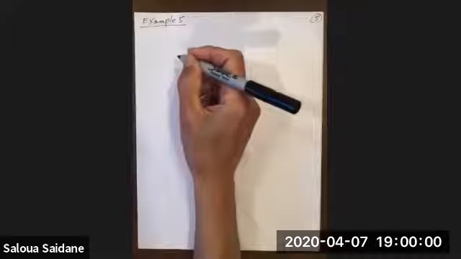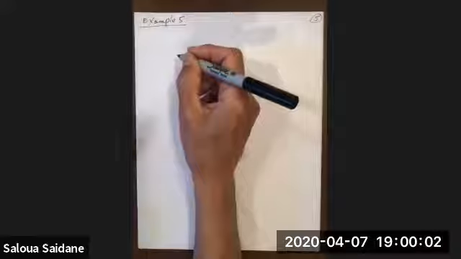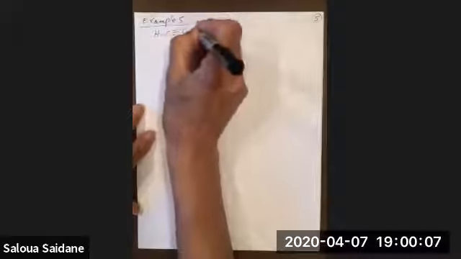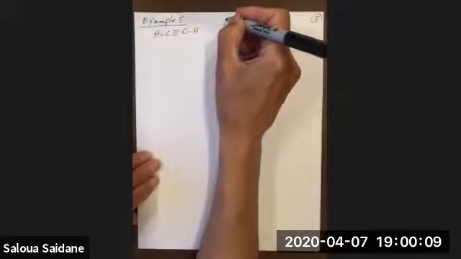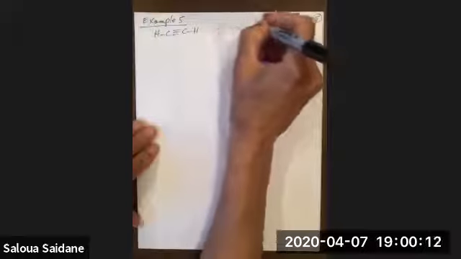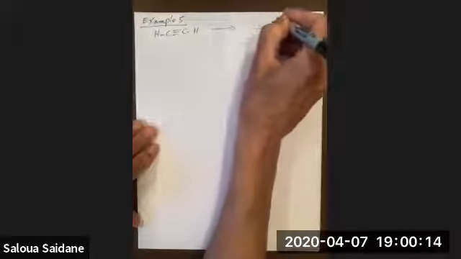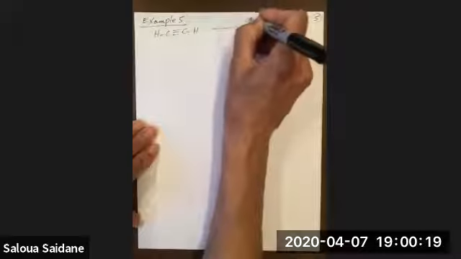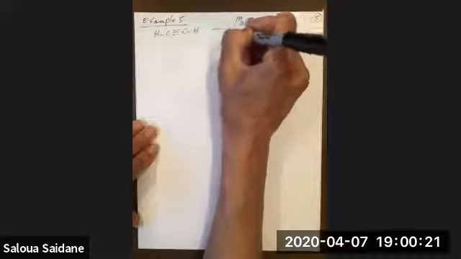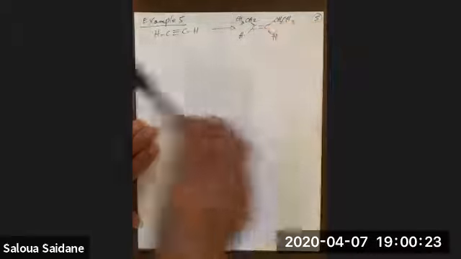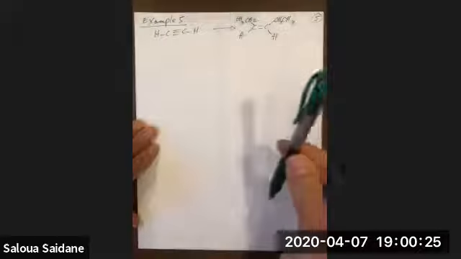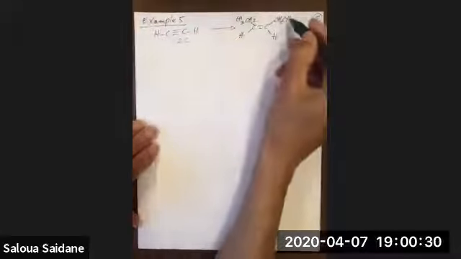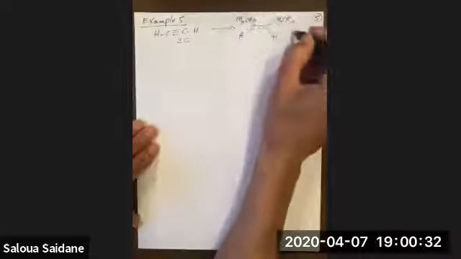So what am I going to do with example 5? I'm going to start with HCCH, and I want to get to this: CH2, CH3, CH2, CH3, H, and H. So if we compare them, we only started with 2 carbons, and here we have 1, 2, 3, 4, 5, 6.